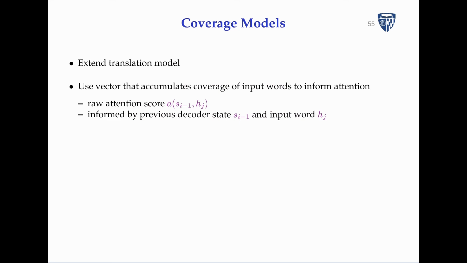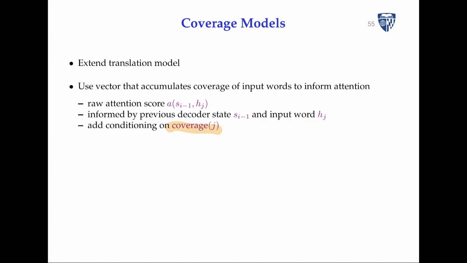Another idea is to extend the translation model. During training, we could also have a vector that accumulates coverage for input words to inform attention. We have the raw attention score, which is informed by the decoder state and the input word, and now we add additional conditioning on the coverage that has happened so far.